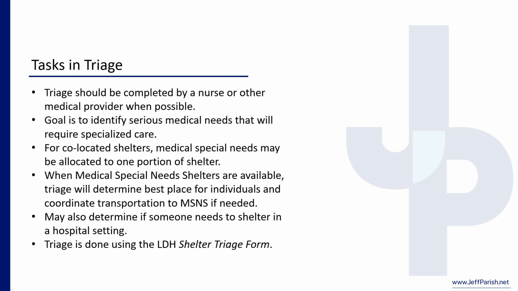In this case, the triage nurse will determine which area of the shelter the person should be in. In situations where there is a separate medical special needs shelter, the triage nurse will coordinate transportation to that shelter if needed. The triage is done using the Louisiana Department of Health shelter triage form.